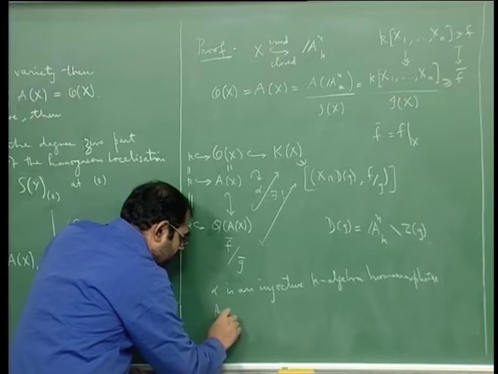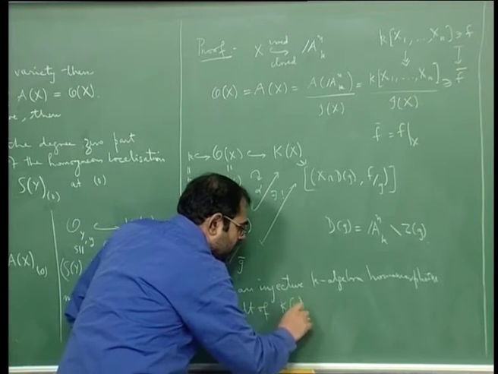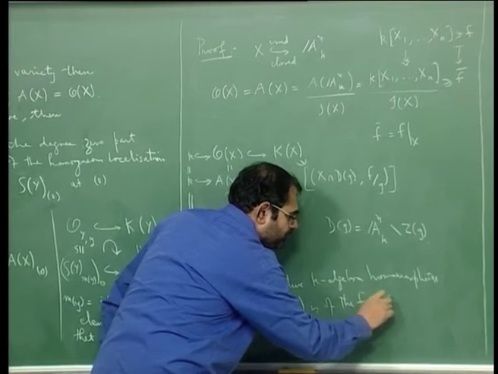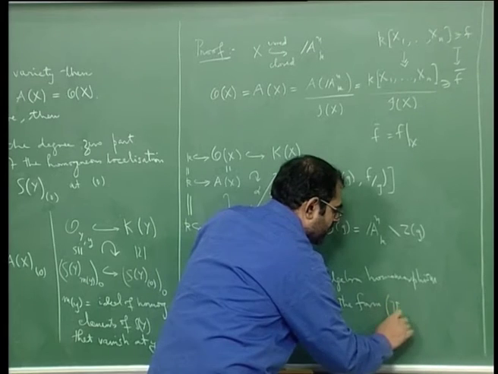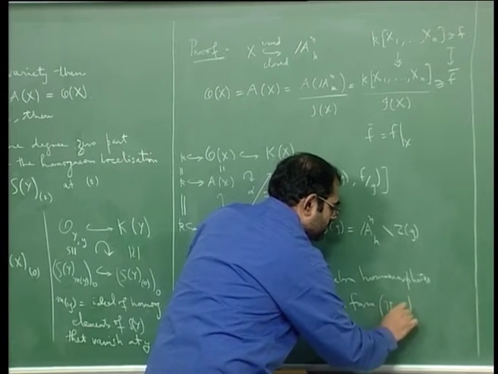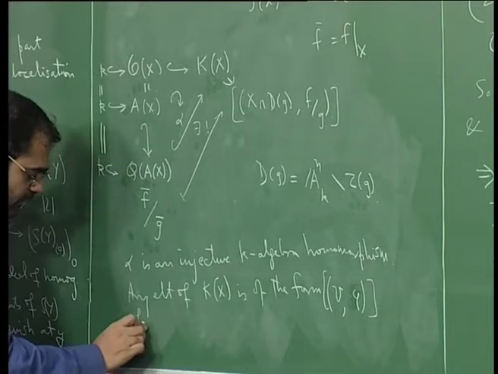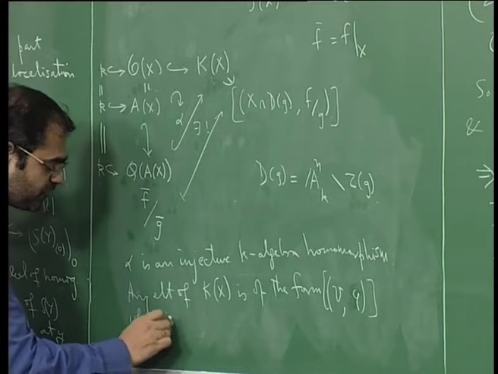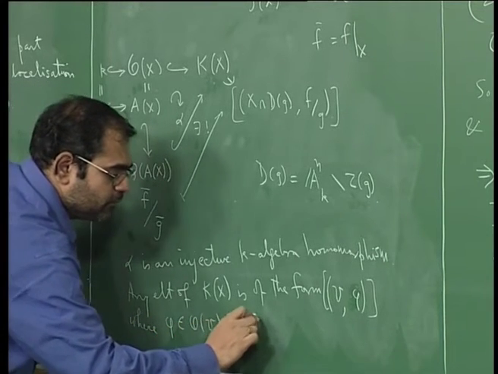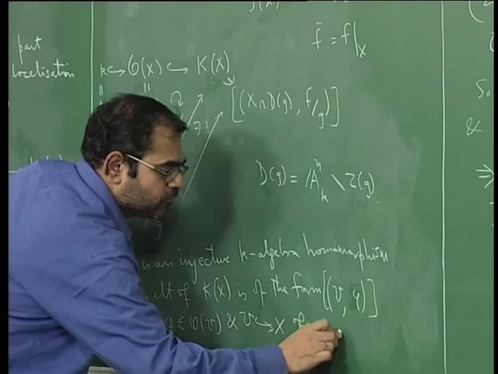Any element of Kx is of the form (u, phi), where phi is in O(U) and U inside X is open, non-empty.